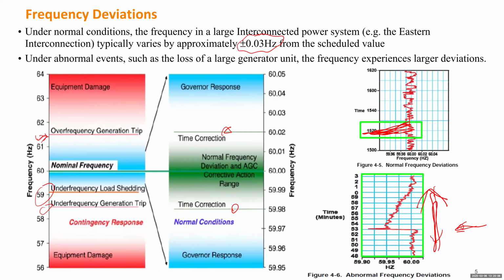For the normal condition here, which is the first chart, not the second one, the second one can be covered later by the stability session. Here we only consider very small variation of frequency, so it's safe. We can consider the frequency in this section is always very close to 60 Hertz. Then that makes torque equal to power in per unit. Does that make sense?